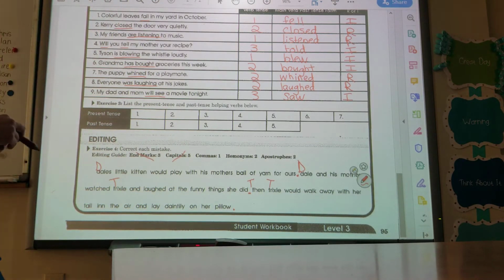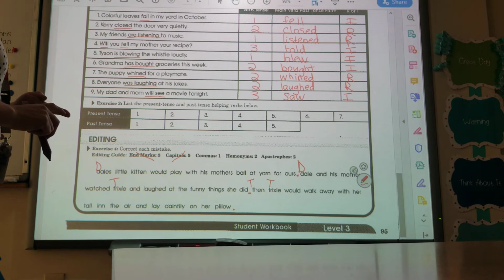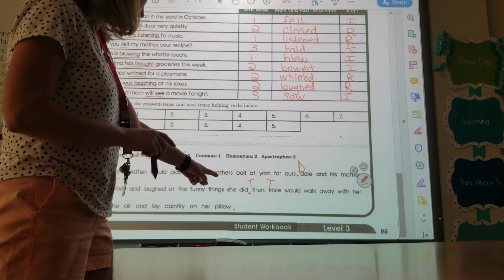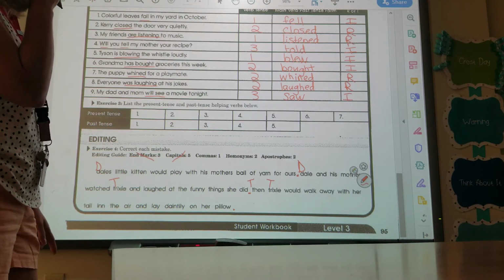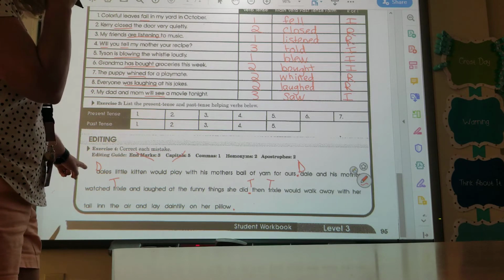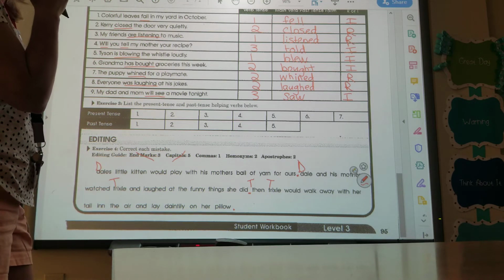All right, commas. Usually we use a comma if we're going to be doing a list or for a compound sentence. So do we see a compound sentence here? All right, so this one, Dale and his mother watched Trixie and laughed at the funny things she did. That's not a compound sentence because it has a compound predicate. So Dale and his mother watched and laughed. So that's not a compound sentence.